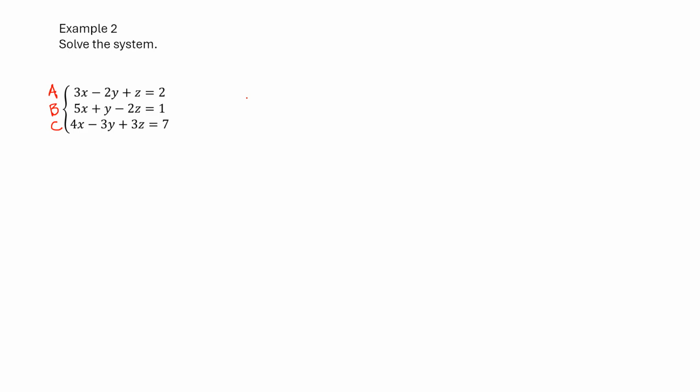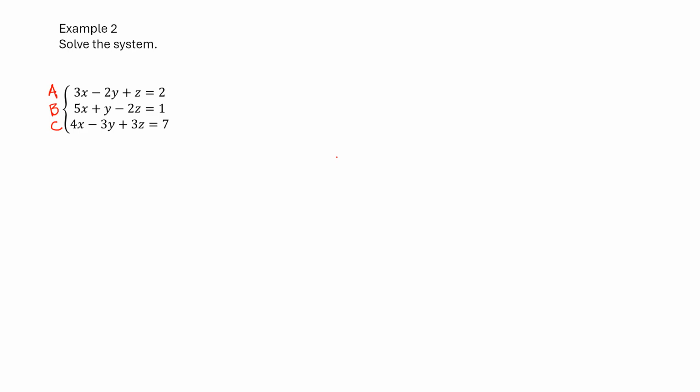So it looks to me, if you look in the y column here, you've got negative 2y, positive 1y, and negative 3y. This looks like something that will be easy to get rid of the y's. It also looks pretty easy to eliminate z's. The x's are more difficult because they have coefficients that are not multiples of each other. None of them is 1.